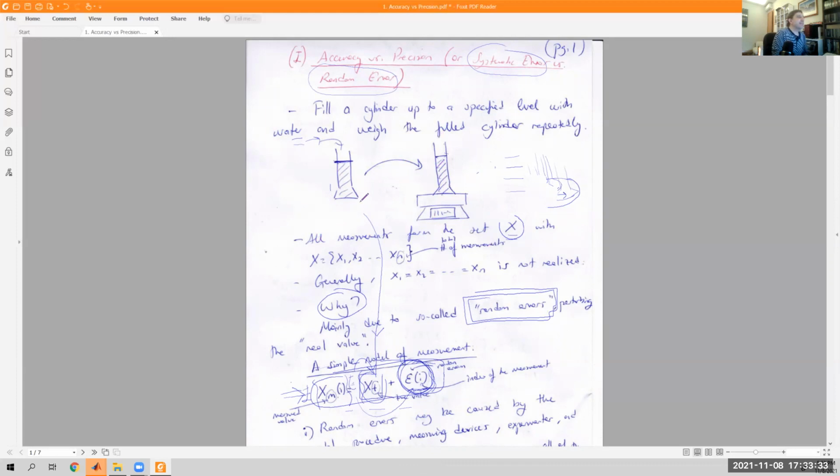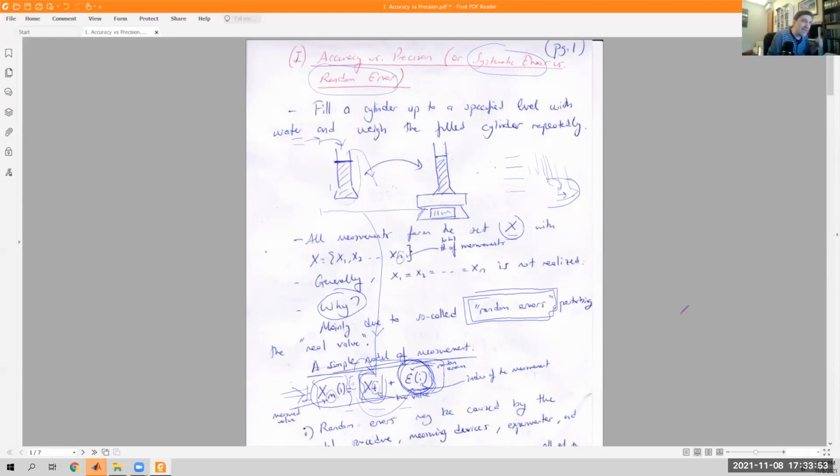That's okay. But let's say that there's a long distance between the location where I fill my graduated cylinder with tap water and the weighing equipment. And during this transportation, I spill some of this water sometimes.